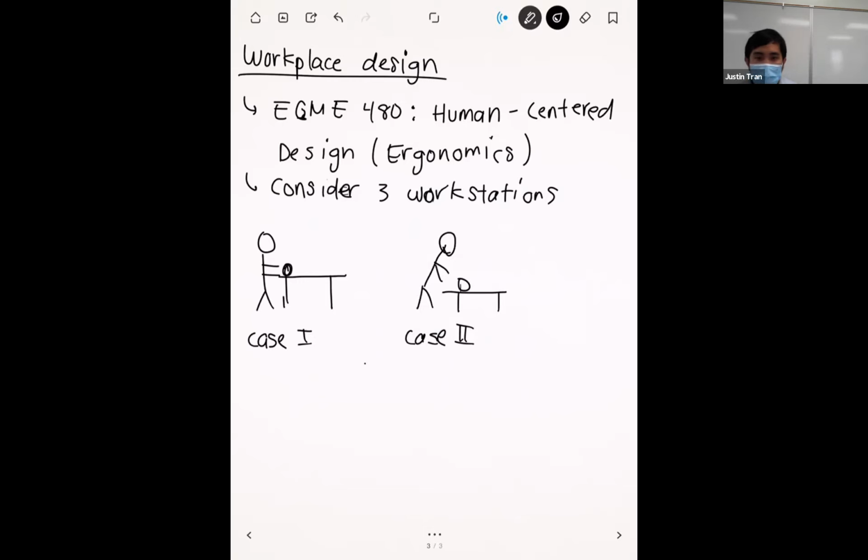This person has to slouch over to do it, something we don't think about a lot, but we'll see it makes a big difference. Case three is the more extreme case, where the person has to bend down a lot to perform this work.